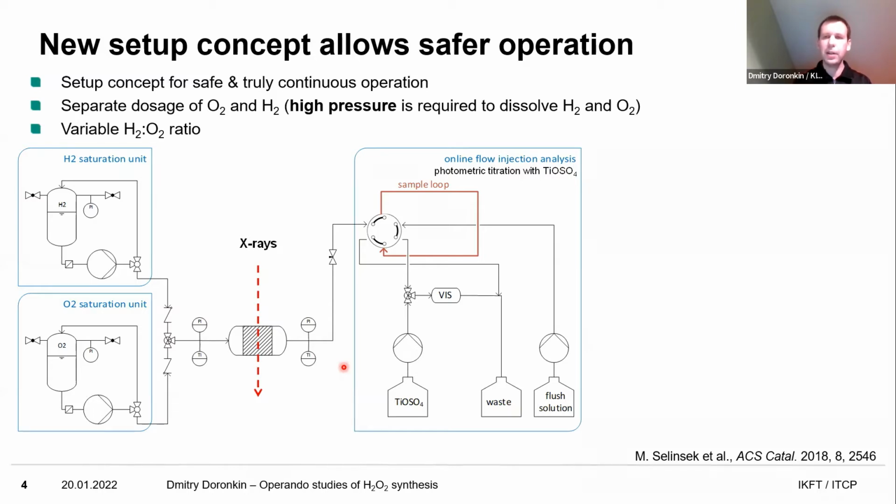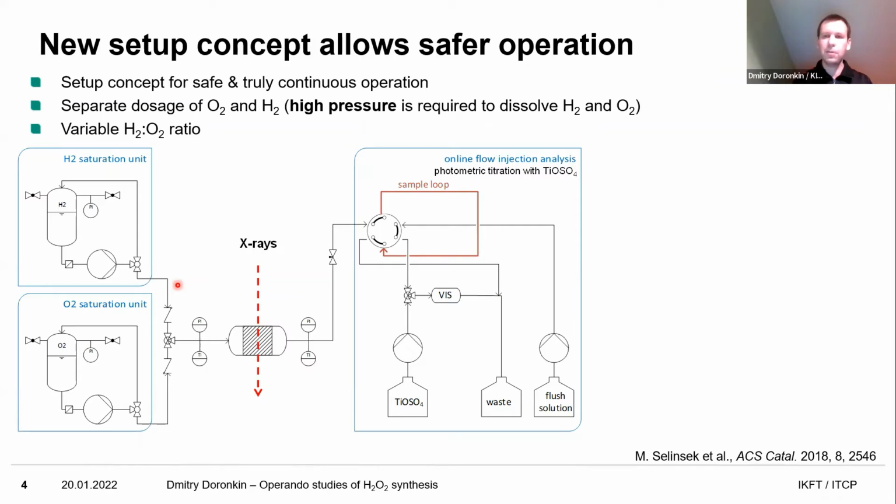So we cannot simply dilute. In this case, we do not dissolve anything in the liquid. So it's a catalyst with a solvent, but not with hydrogen or oxygen, not producing anything. Instead, we decided to do as follows. If we cannot mix hydrogen and oxygen in a gas phase, why not do it in a liquid phase?